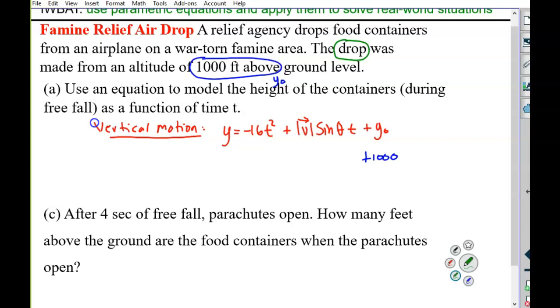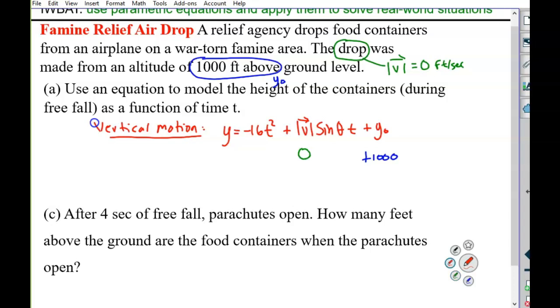It's not until gravity pulls it down. So if you see the word dropped, that's telling you that something started from rest, meaning it's not moving. So the initial velocity is 0 feet per second, which means that part is going to be 0.